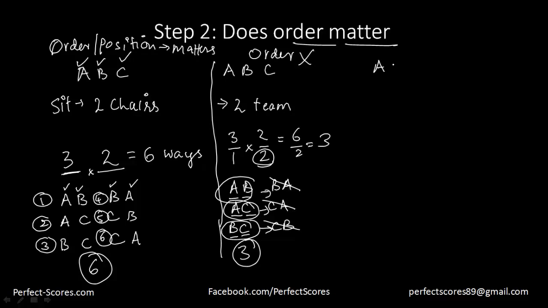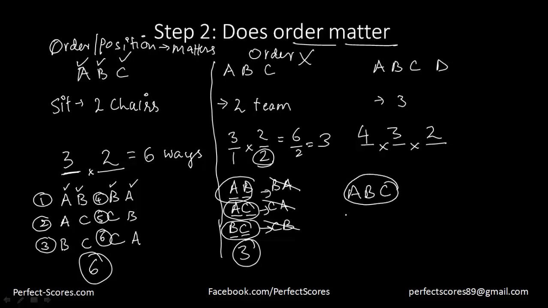Let's suppose that there are 4 people, A, B, C, D, and I want to choose a team of 3 people. Then I'm going to have the number of slots as 3. First I can select any of the 4 of them, then any of 3 of them, then any of 2 of them. Now ask yourself, when I select ABC, I can actually select so many versions of ABC.